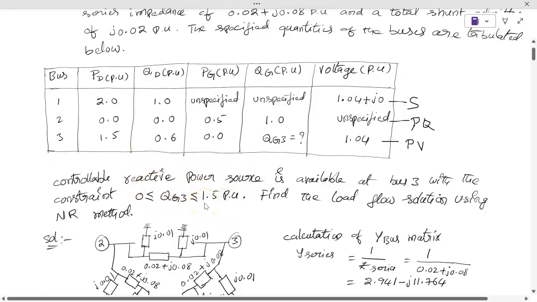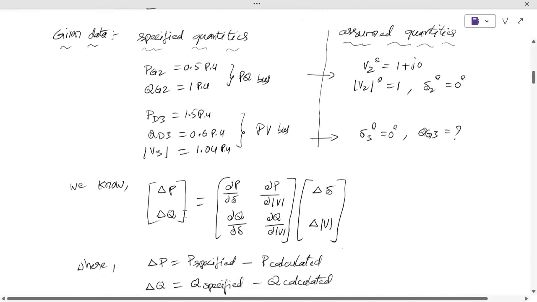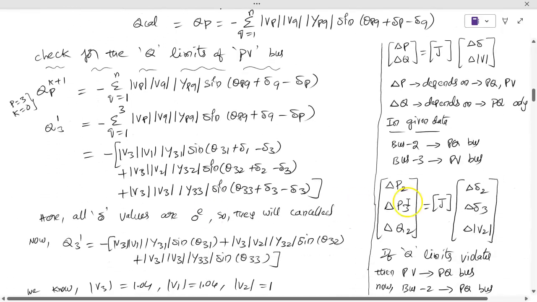Whatever reactive power we calculate, we need to check this constraint condition, whether it is within the limits; that goes one way, and if it violates the limits, then it goes the other way. We will see that. I have written this for understanding; it is not required for writing the answer in the examination.